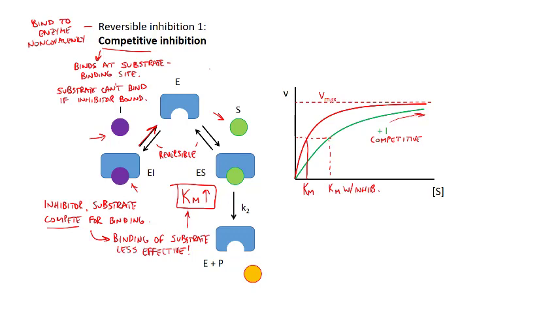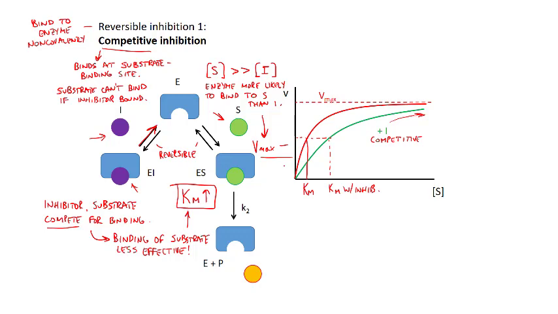And why is that? Well, the reason for that is if we end up in a situation where our substrate concentration is much greater than our inhibitor concentration, well, that means that you've got so much substrate that the enzyme is more likely to bind to the substrate than to the inhibitor. And because of that, Vmax is not affected by a competitive inhibitor.